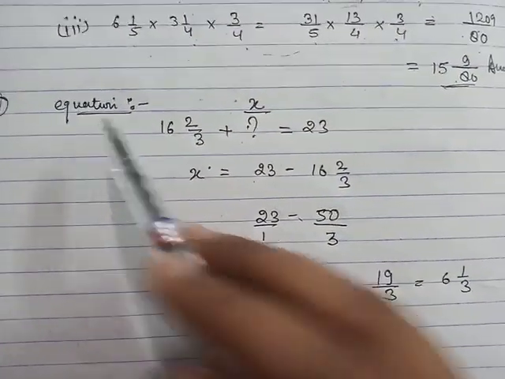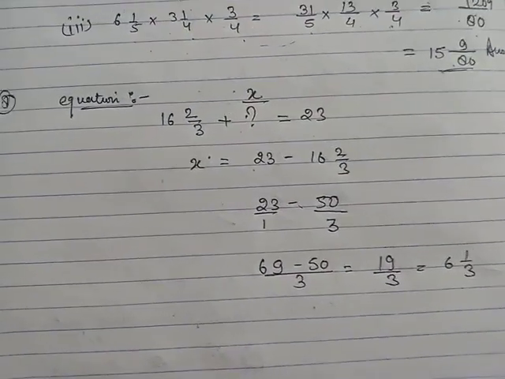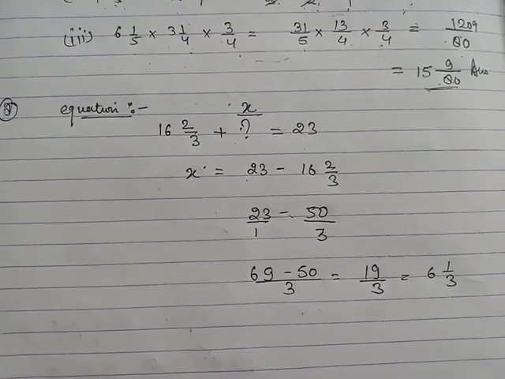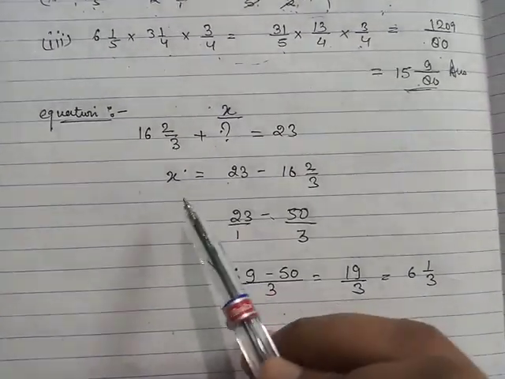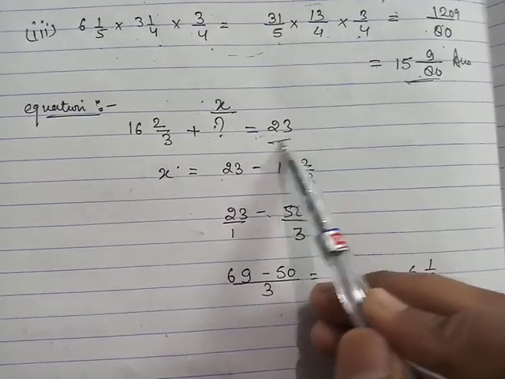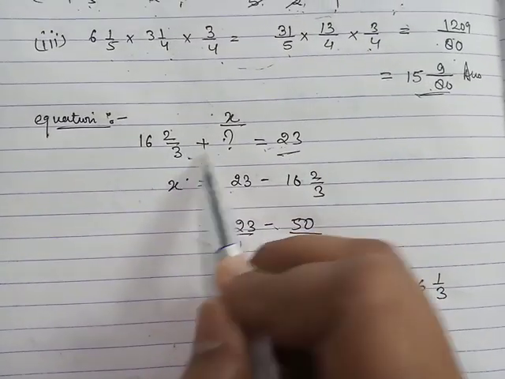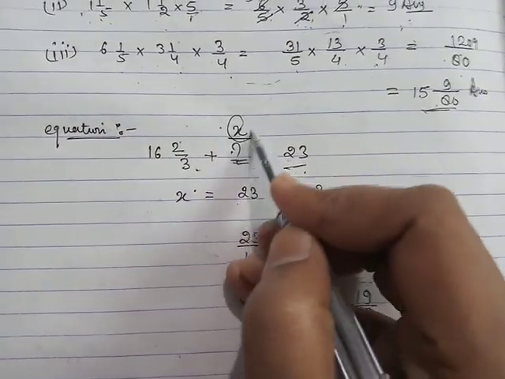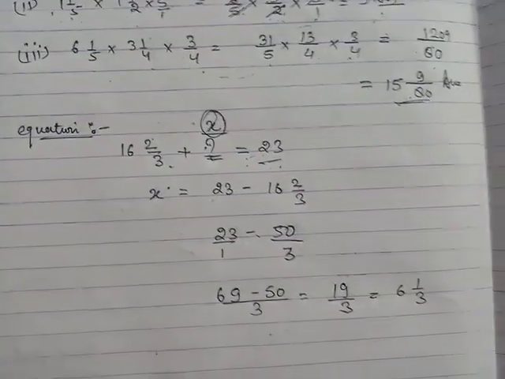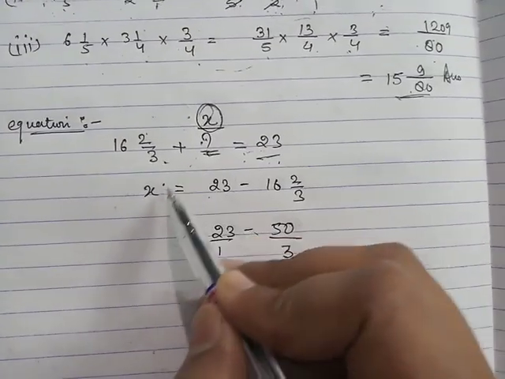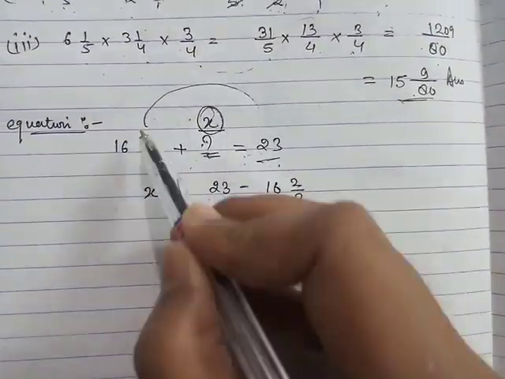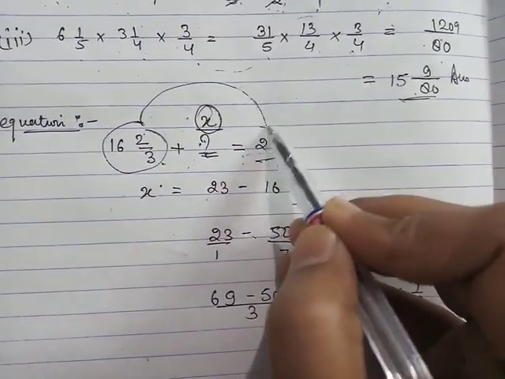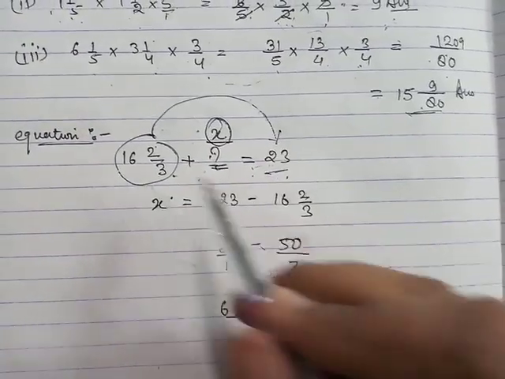First of all, we will make the equation. In the question it is saying, what should be added to 16 whole 2 by 3 to get 23? So consider that x will be added. Okay, so if we move this fraction to the right hand side, we will just change the sign.